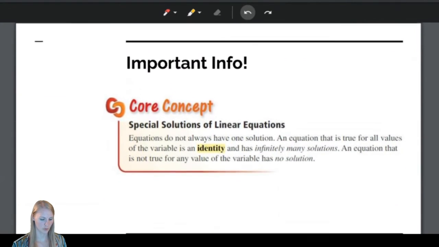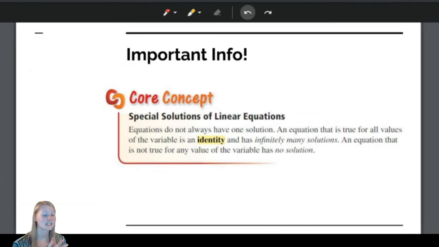Okay, so now that you know what an identity is, we are going to have a little more context about them. So, special, remember that was in our success criteria, special solutions of linear equations. So, equations do not always have just one solution.